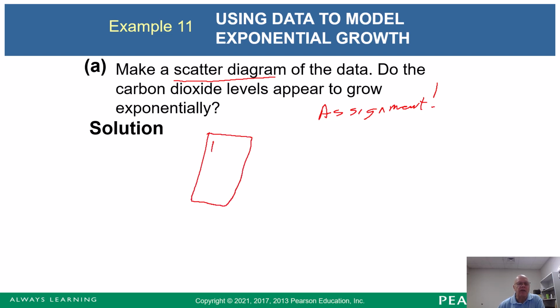Your scatter diagram on your screen will end up looking maybe something like this. Can you see that? How do you get that? See if you can find out by yourself. Actually try it. Use YouTube. It's easy to find.